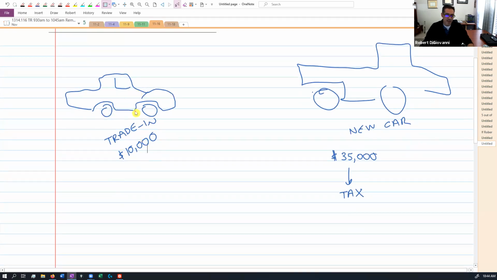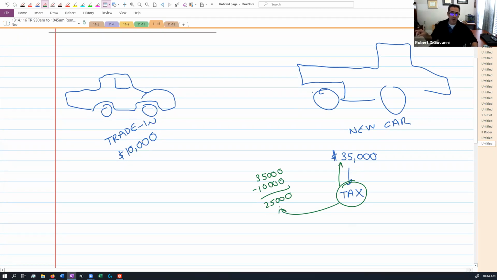Then your tax is not on that amount. It's on the 35,000 take away the 10,000, that's 25,000. You only have to pay tax on 25,000. You don't have to pay tax on the full 35.